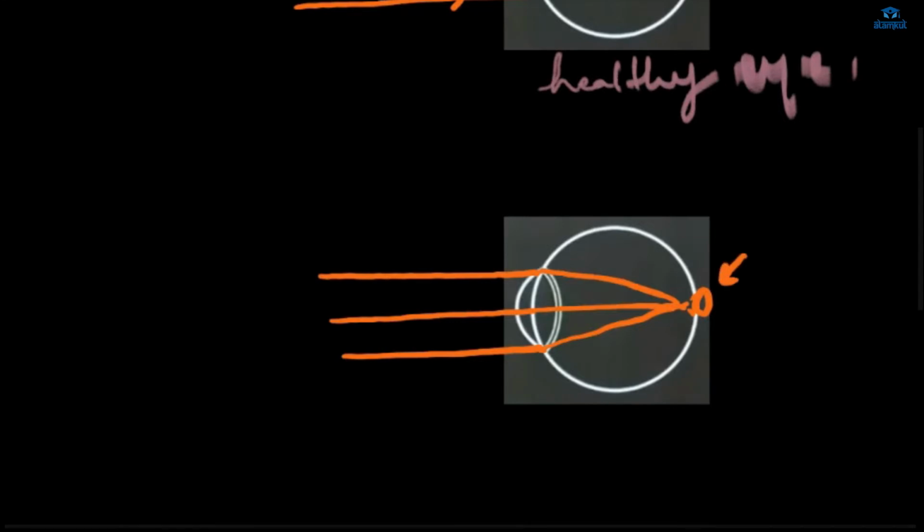Let me draw it very clearly. The image has formed here itself, in the vitreous humor. So we get a very blurred image of the object at the retina. It means we cannot see clearly the objects that are coming from far, right? Now what to do with this?